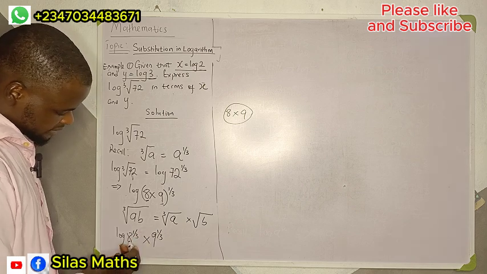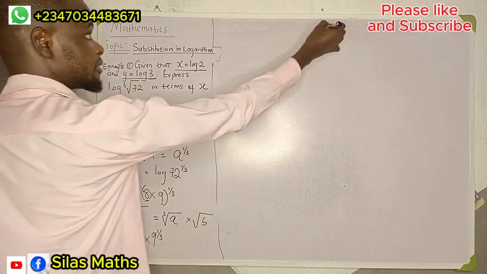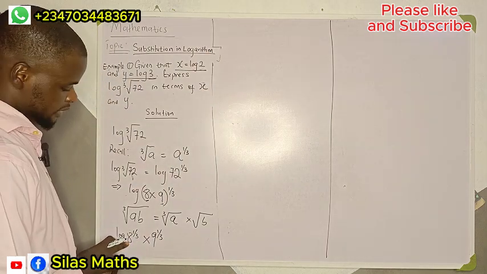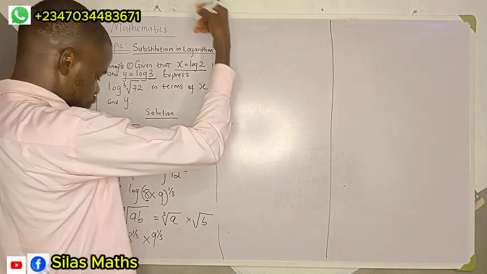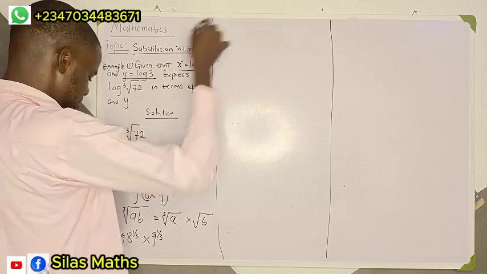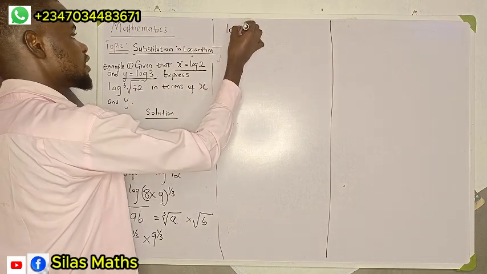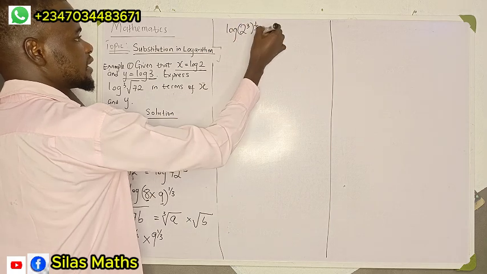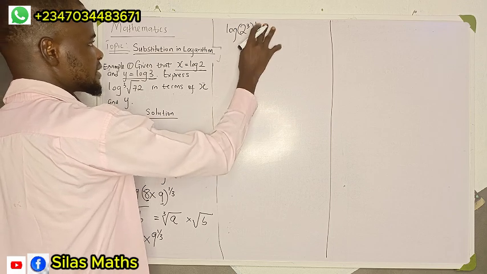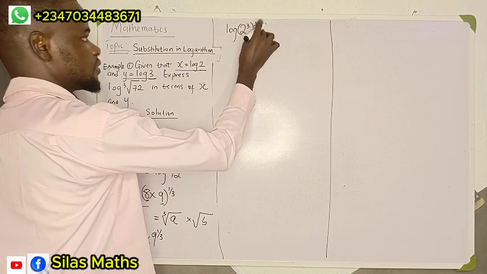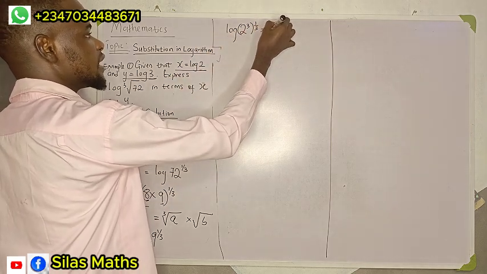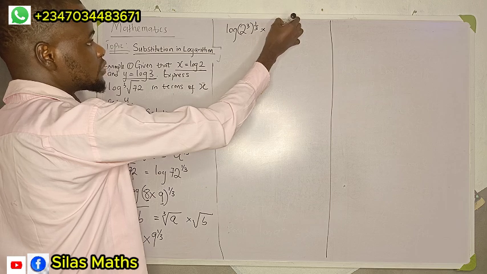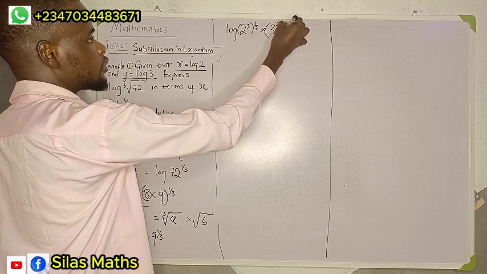So I can express 8 in index form as 2 to the power of 3, right? Yes, 2 times 2 times 2 gives me 8. So this is log of 2 to the power of 3, all to the power of 1 over 3, times 3 to the power of 2, all to the power of 1 over 3.